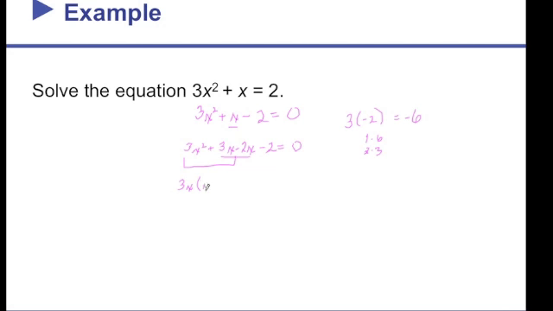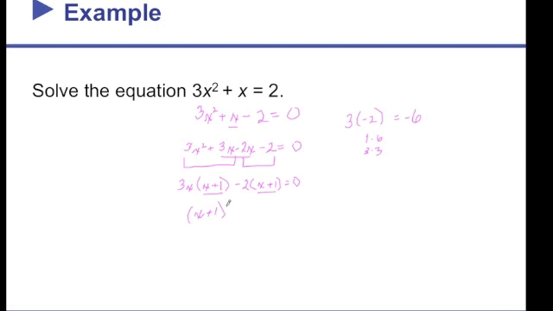That would leave an x plus 1. And the last two terms, negative 2x minus 2, I could take a negative 2 out of both of those. That would leave an x plus 1, equal to 0. Notice that these two things in parentheses are both the same, and they need to be for this to continue. So we factor out that x plus 1.